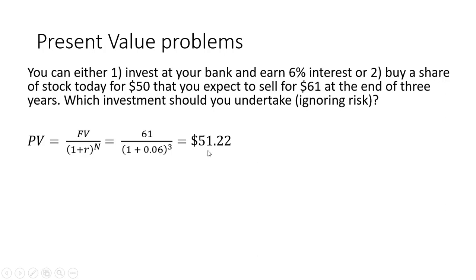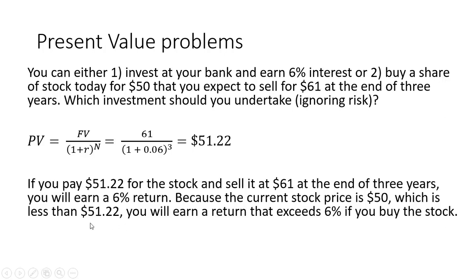So doing the math here, the present value would be $51.22. If you pay $51.22 for the stock and sell it at $61 at the end of 3 years, you'll earn a 6% return. However, because the current stock price is actually less than $51.22, it's currently $50, you will earn a return that exceeds 6%. So in this case, you should buy the stock anytime the price is less than $51.22 in this example.